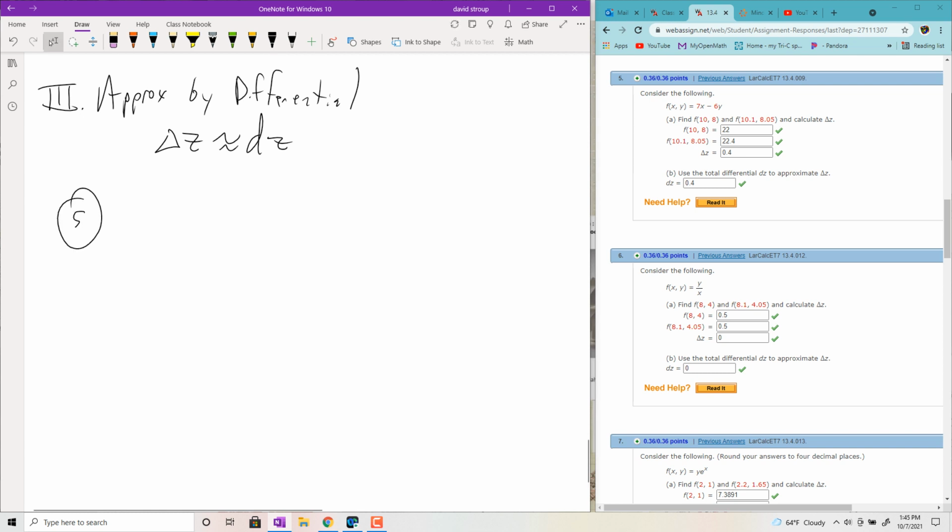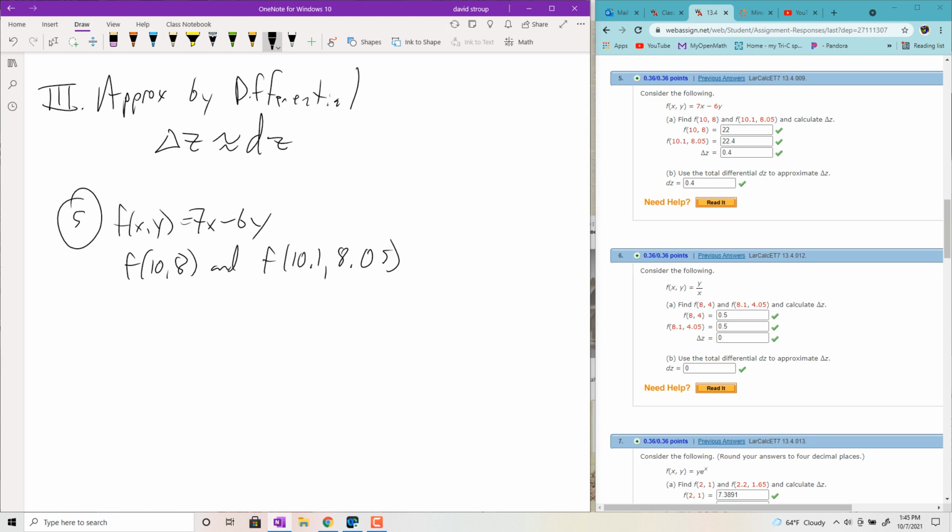So number 5, I have f of x comma y equals 7x minus 6y. I want to find f of 10 comma 8 and f of 10.1 comma 8.05 and calculate the actual change in height and then use the total differential to approximate it.